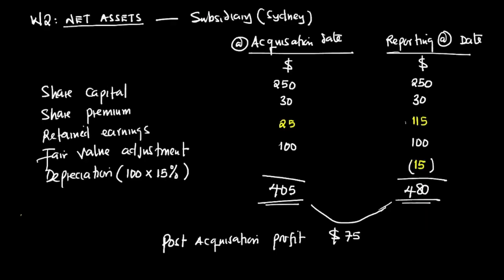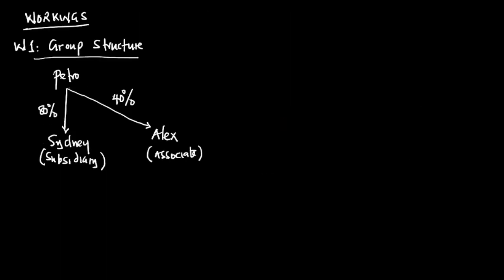Okay, now let's get to working number 1. I want to show you something. Look at this working number 1. Petro acquired 80% of the shares in Sedin. So it means if you have 80%, you have the controlling interest, and the 20% therefore belongs to the non-controlling interest. So this is how we get the non-controlling interest. Of course, the 80% from 100 leaves us with the 20%.